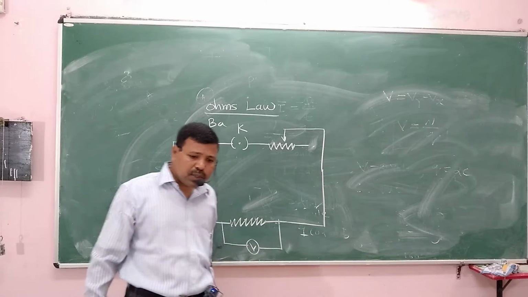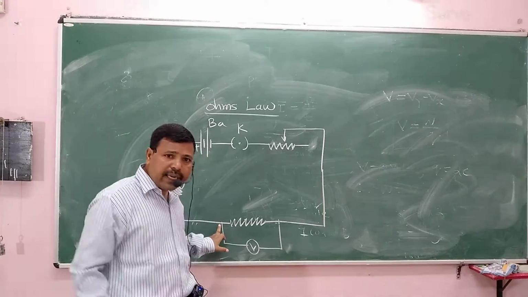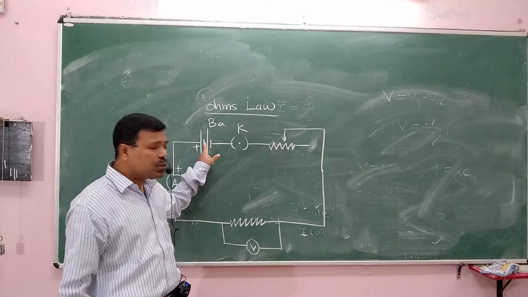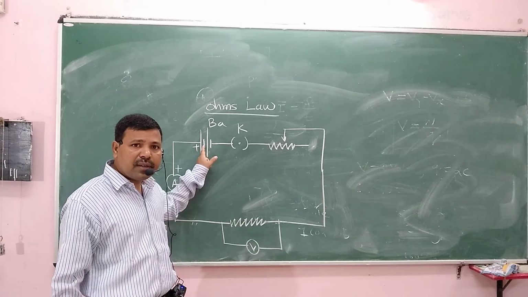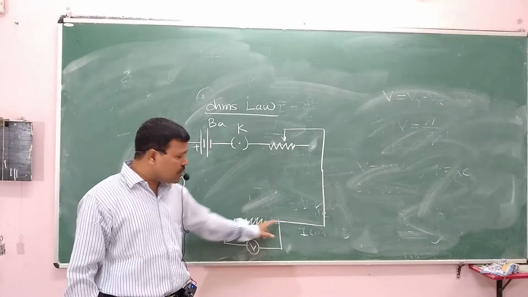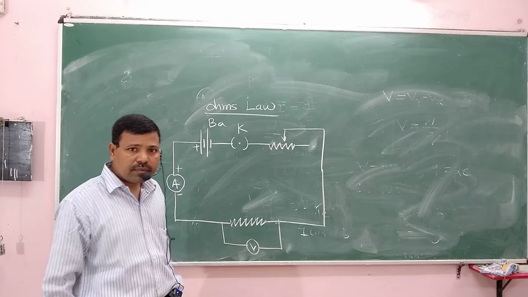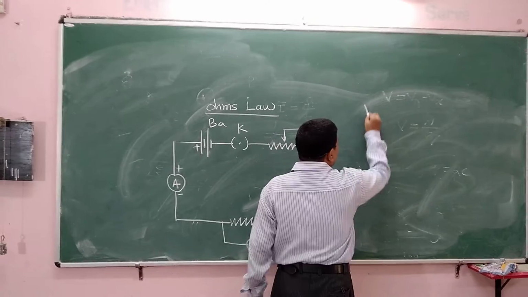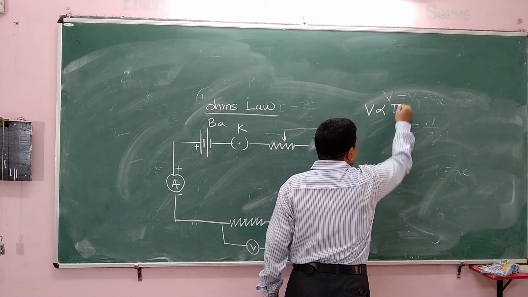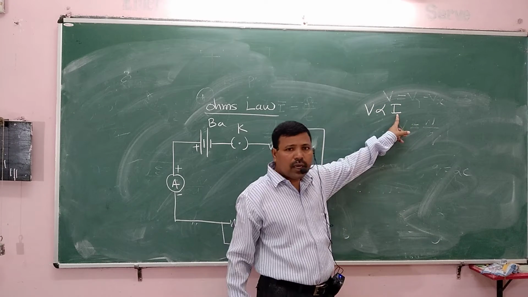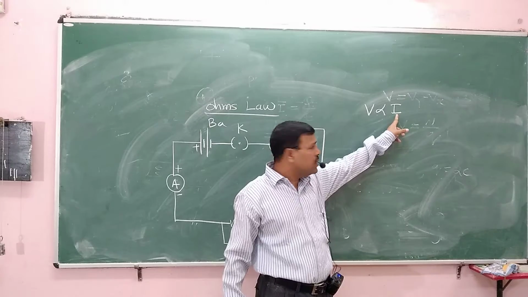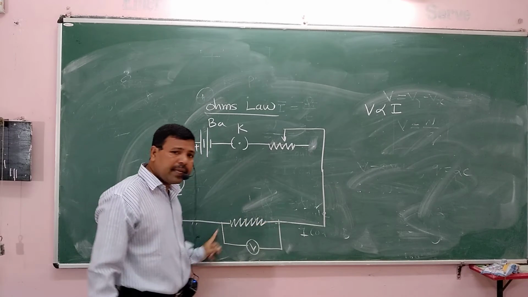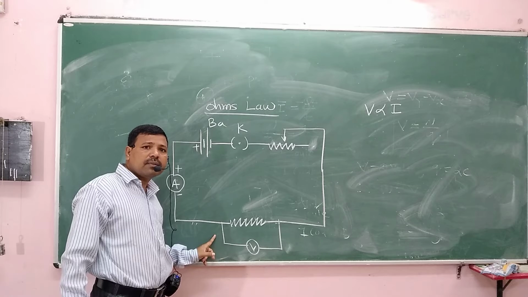So, according to Ohm's law, the current that is flowing through this conductor is directly proportional to the potential difference applied across this conductor. We write that the current flowing through the conductor is directly proportional to the PD applied across the conductor.